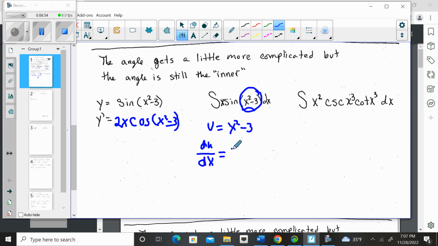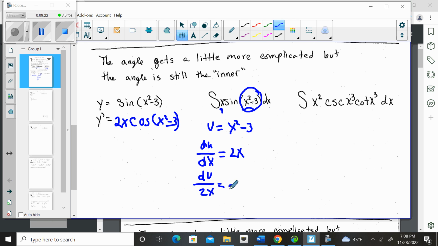And because I see the derivative of u as part of my integrand, I almost forgot to put it in there, and the problem wouldn't have worked if I didn't have that x. You can tell I squeezed it in there. Okay, but the x's have to cancel or this couldn't work. Okay, so then du over 2x equals dx.